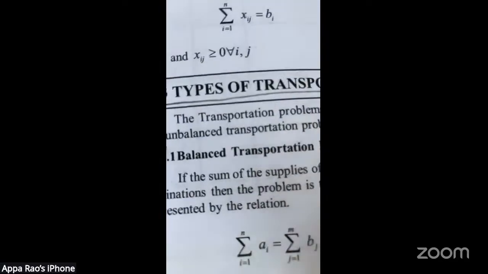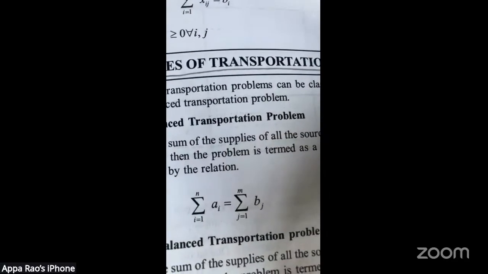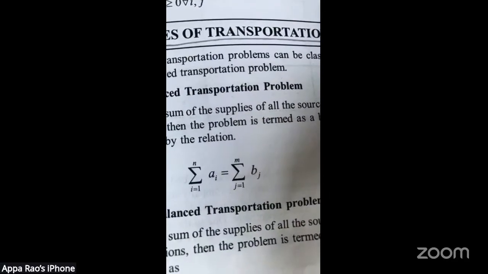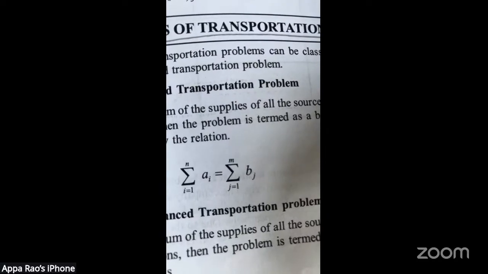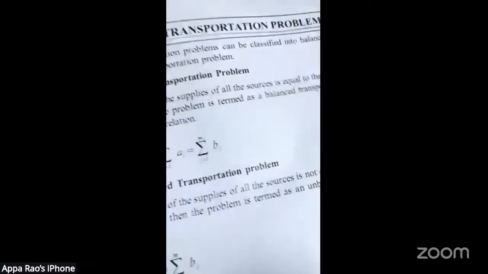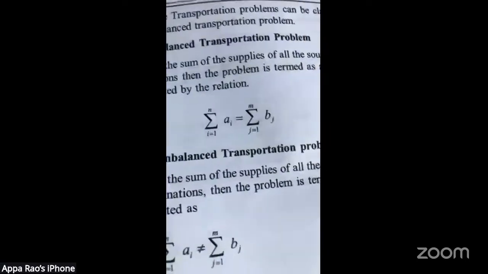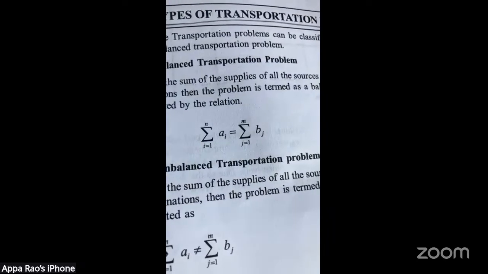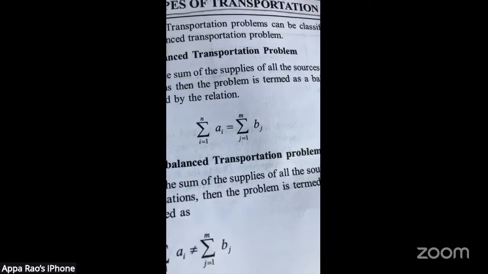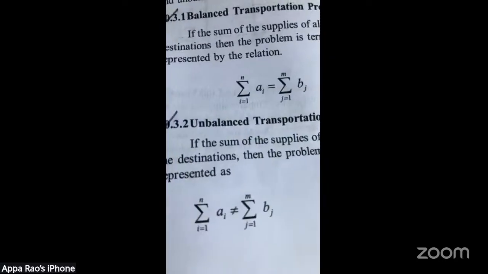What are the types of transportation problem? Balanced transportation problem, that is, the sum over i equal to 1 to n of ai is equal to the sum over j equal to 1 to m of bj: supply equal to demand, or availability equal to requirement.